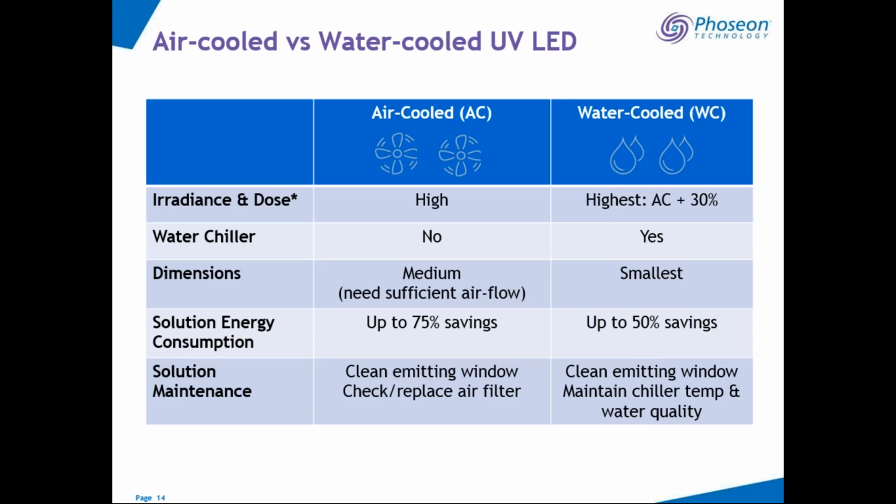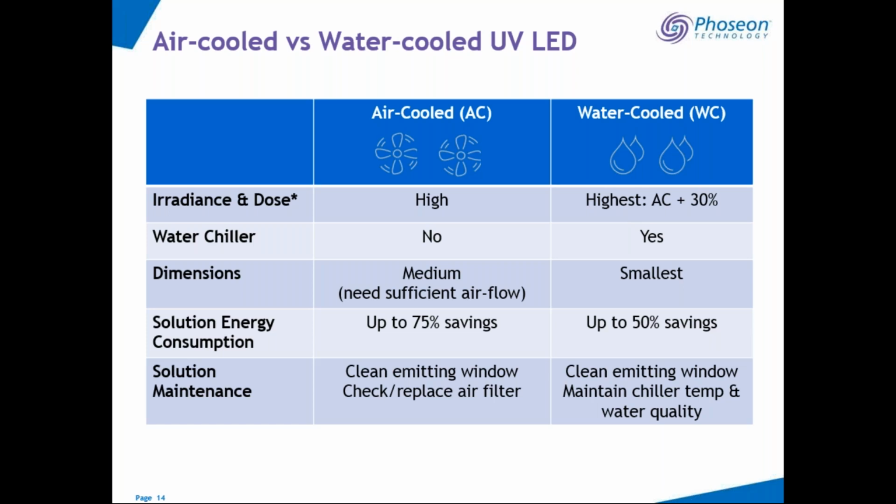The next question that we usually have is, well, should I go with a water-cooled or an air-cooled solution? Each one has its benefits and a few drawbacks, but the benefits we've listed here are noted around water-cooled. If you want to deliver the highest irradiance and the highest dose available, it is the way to go. But we're also finding that with air-cooled, we are now at the point where we deliver a sufficient amount of irradiance and dose.